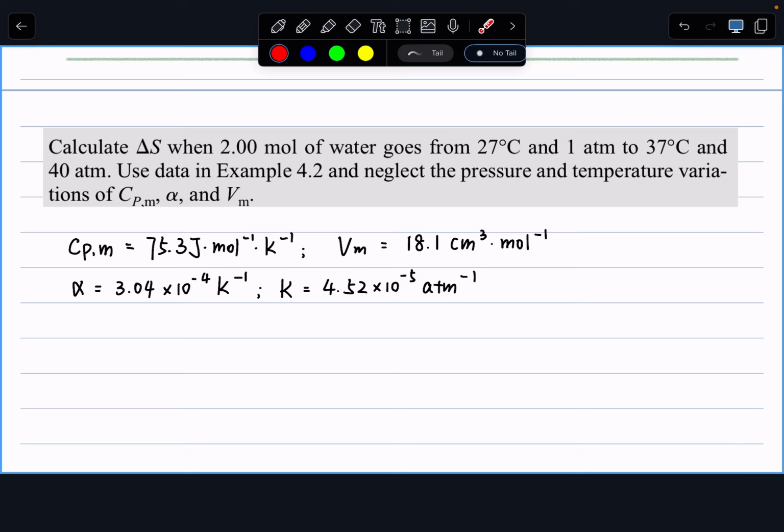Use example 4.2, so I'm giving you this number from example 4.2, and it tells you can neglect the pressure and temperature variations of CPM, alpha, and VM. So in this question, we're giving you alpha, CPM, and VM as a constant. All right, so for this kind of question, now we can pretty straightforwardly set it up.